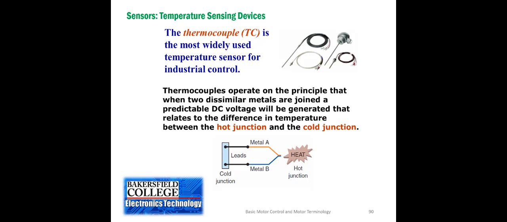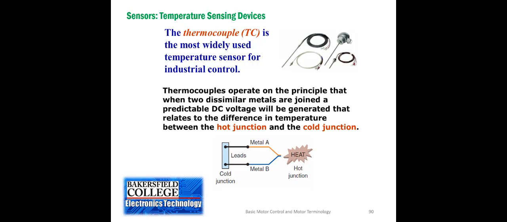The cold junction is actually what happens when those wires are connected to a terminal or some other type of wire or some other connection. That will also create a little mini thermocouple junction. So there's actually a little bit of voltage made at the connection point of the thermocouple to the device that it's being connected to.